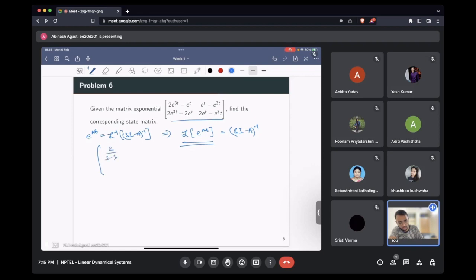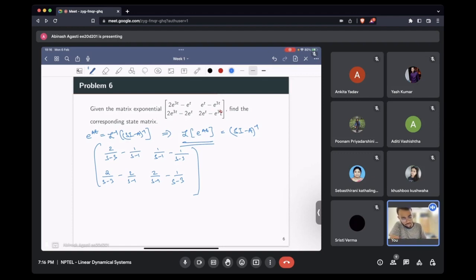We have 2 by s minus 3 minus... Okay, I think there has been a mistake. This is e to the power 3t, not 3 into t. Okay, sorry for that. So this is the Laplace transform.